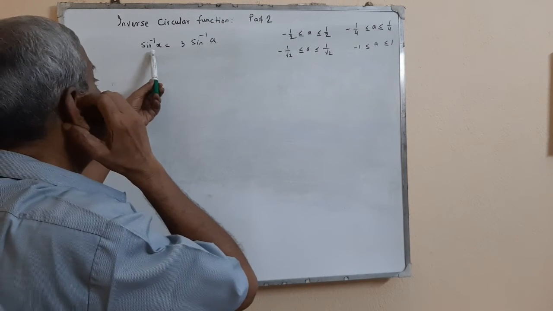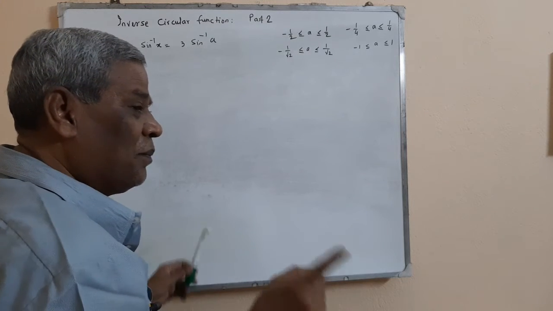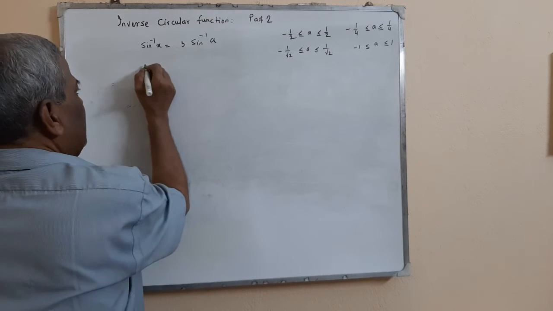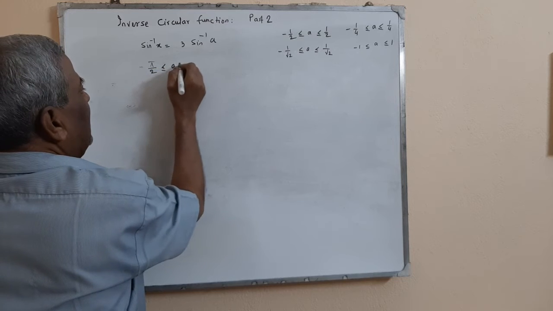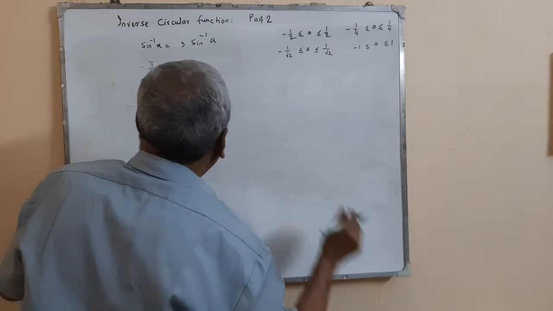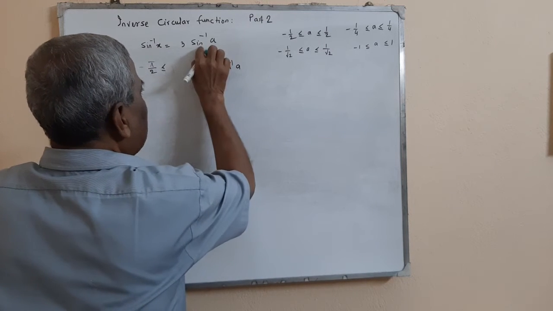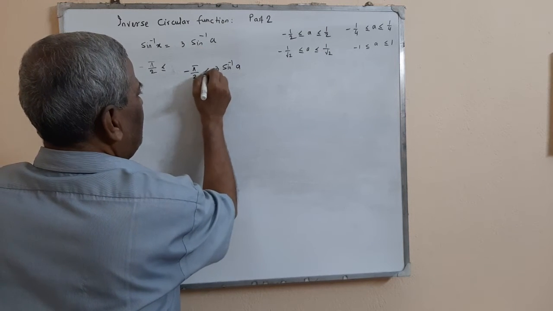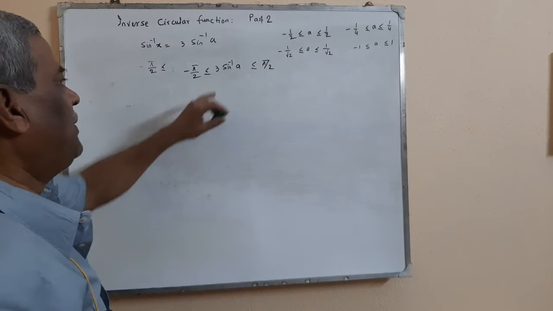Now it is given that sin inverse x is that, but sin inverse x must lie between minus pi by 2 and plus pi by 2. That is, 3 sin inverse A must lie within minus pi by 2 to plus pi by 2. Divide by 3.